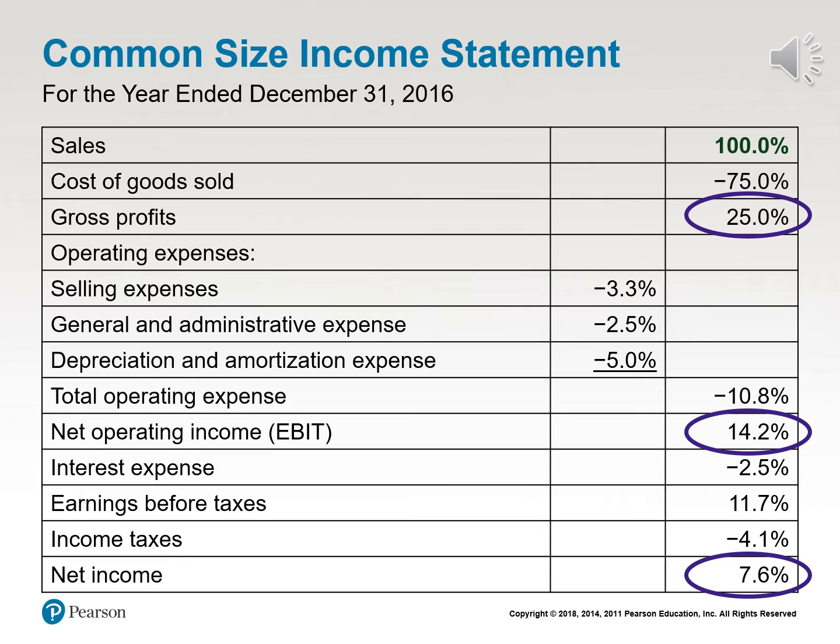So your gross profit margin shows on your common size income statement, that's the 25% here. Your net operating income margin, or your operating profit margin, that also shows. Here it is 14.2%. And your bottom line, your net income margin or your net profit margin, shows as well. Here it is 7.6%.